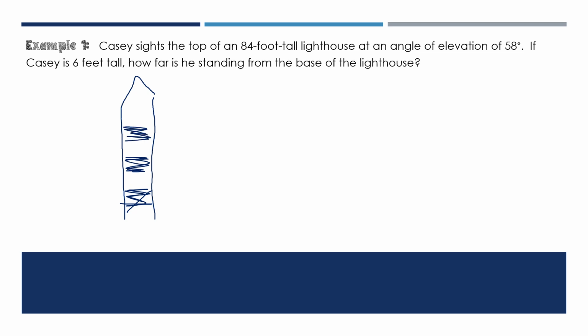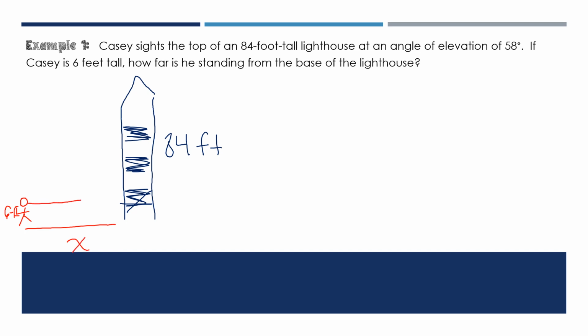We know that this lighthouse is 84 feet tall because that's what was given to us. We've got Casey standing over here. He is 6 feet tall. We don't know how far away he is from the lighthouse. That's actually what we're trying to find.